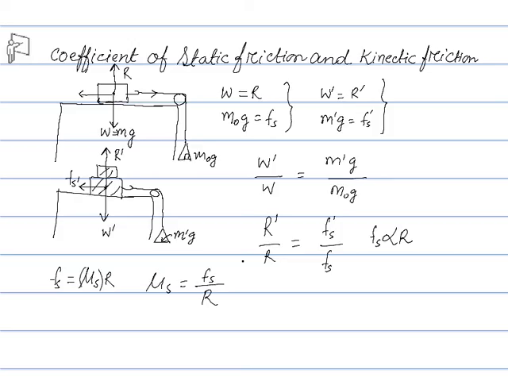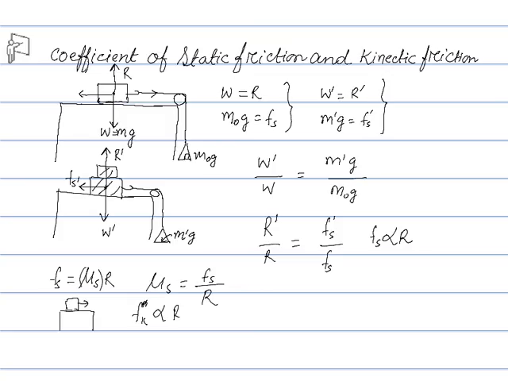Now once the block sets into motion, in a similar way we can define that the kinetic frictional force, as we know the frictional force decreases a bit, is proportional to the normal reaction.